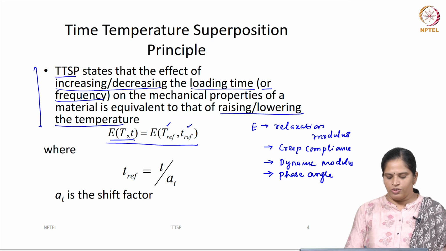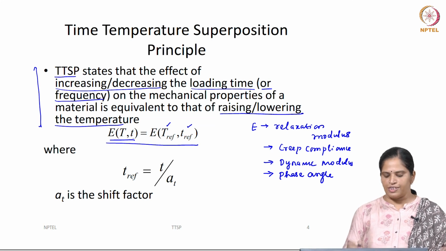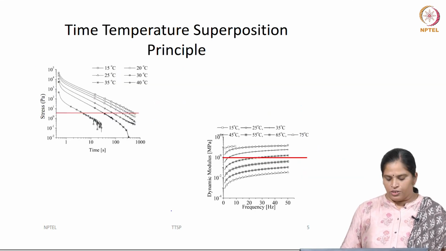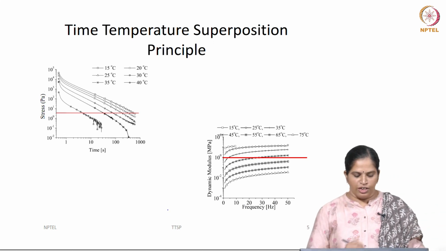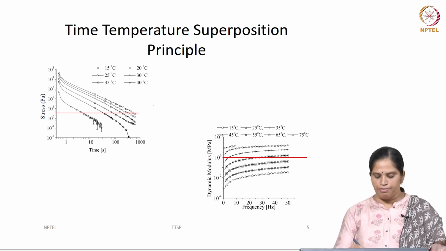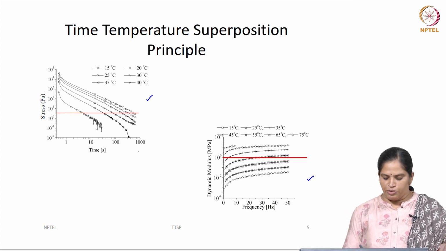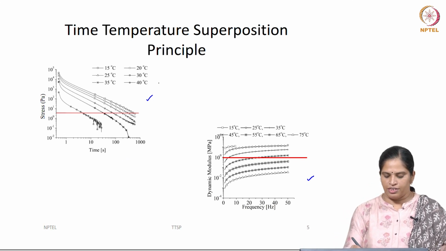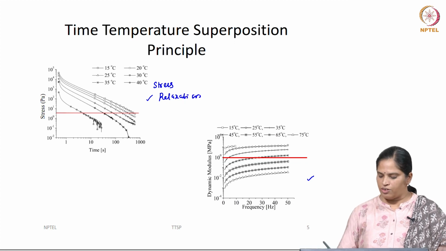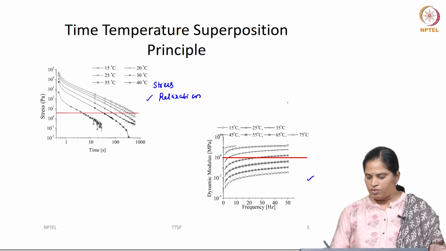So, we are going to use this equivalency factor in constructing a master curve. Otherwise, you can see an example graph provided here. One is for a time control test, this is a stress relaxation experiment, and this is oscillatory shear testing or frequency sweep test.